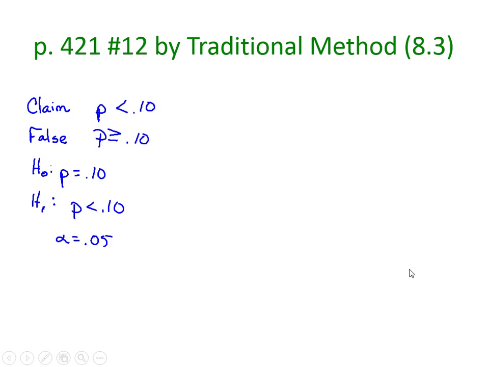So in this case, we're trying to find the test statistic of z, which is p hat minus p over the square root of pq over n. What is p hat in this problem? It's going to be your 27 over 300. What is p?